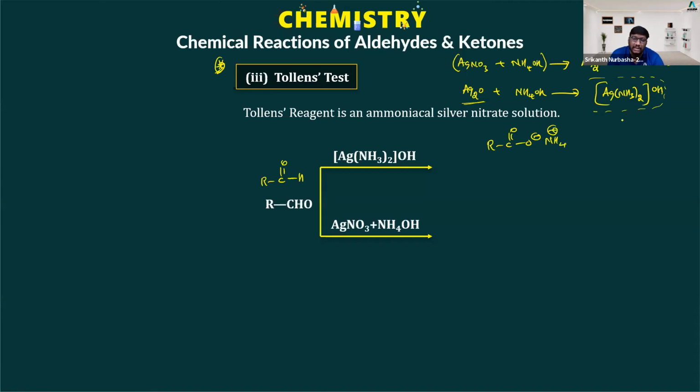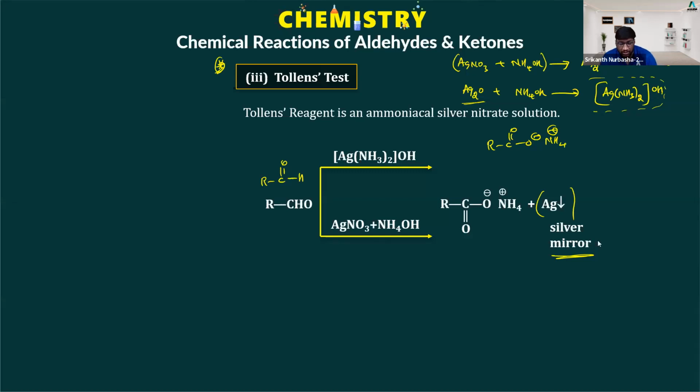Along with that, silver is going to precipitate. That means a silver mirror is obtained. So RCOO minus NH4 plus and Ag, the silver mirror, is obtained. Tollens reagent means ammoniacal silver nitrate. They can mention AgNO3 plus NH4OH, or Ag(NH3)2OH, or Ag2O.